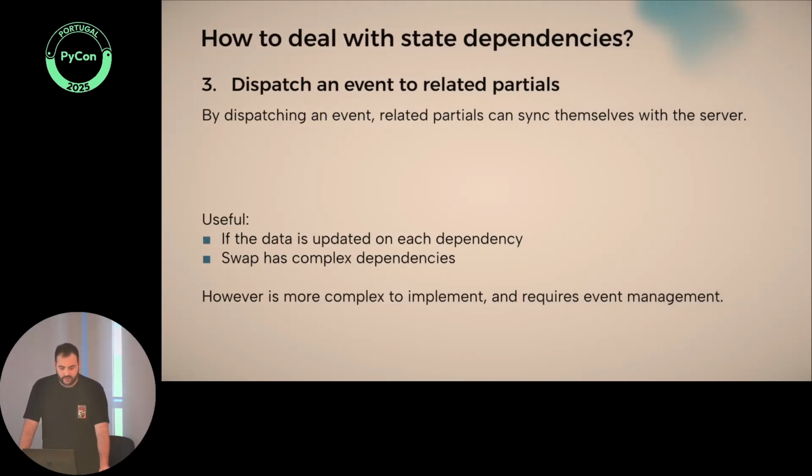And finally, the trickiest one is to dispatch an event to say, okay, I've changed data in this place, tell all the other parts of the UI that they need to reload from the server. This requires some kind of state management. With some hypermedia technologies, such as Datastar, you can do things like server-sent events. You can do server-sent events also with HTMX, but that's a more complicated approach.